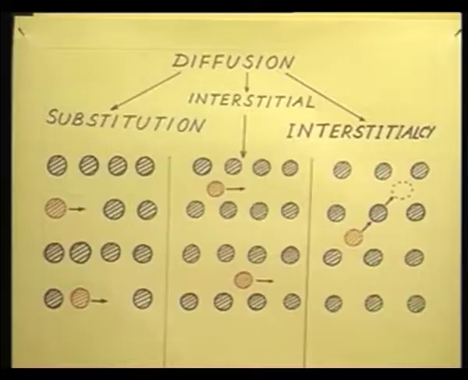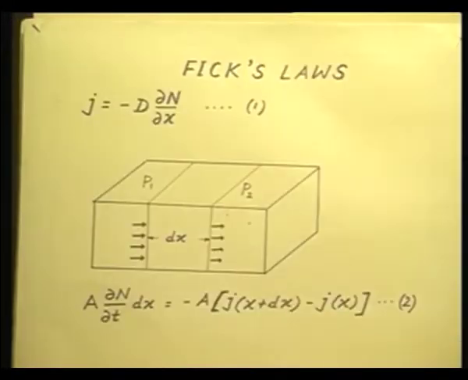If we look at the second card, you will find that Fick's first law is given simply by J = -D ∂n/∂x. What are the individual terms? J of course stands for the flux.